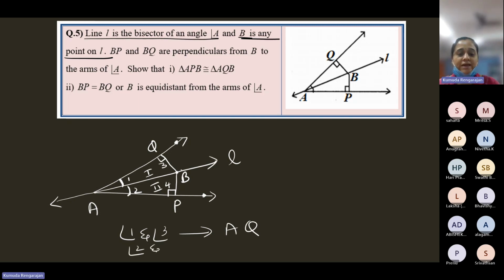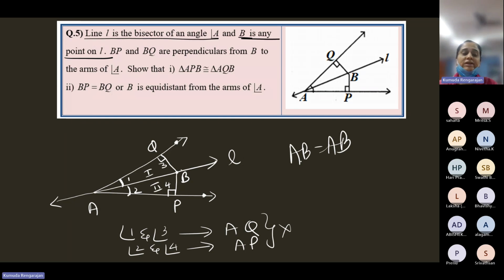Angle 1 and angle 3 include the side AQ. Angle 2 and angle 4 include the side AP. But we have not mentioned these two sides. We have written AB is equal to AB. So that's why it is two angles and some other side.